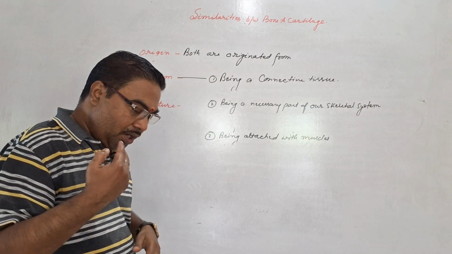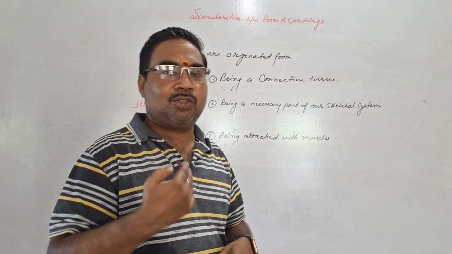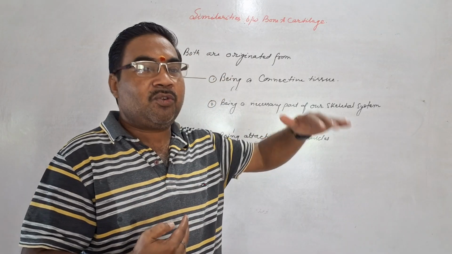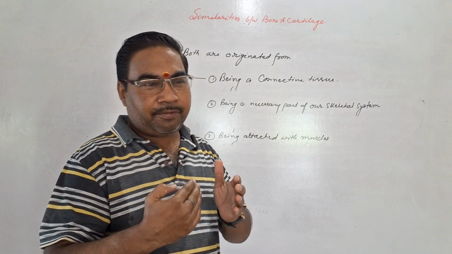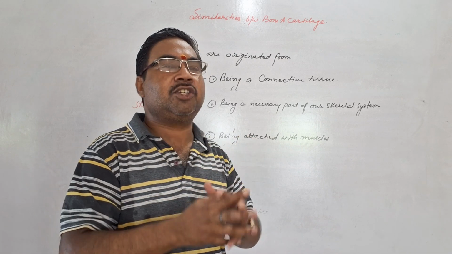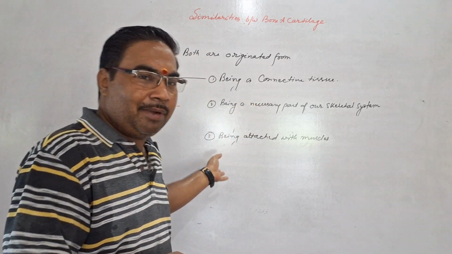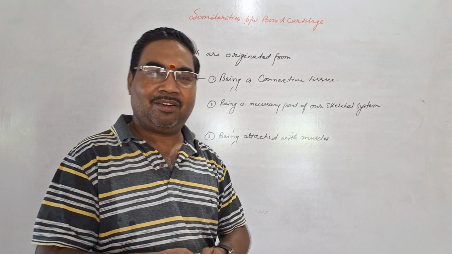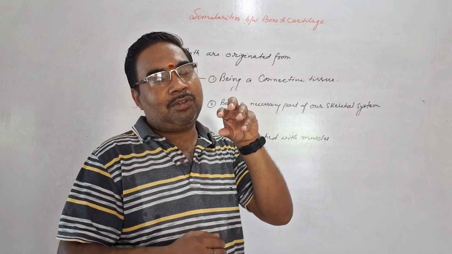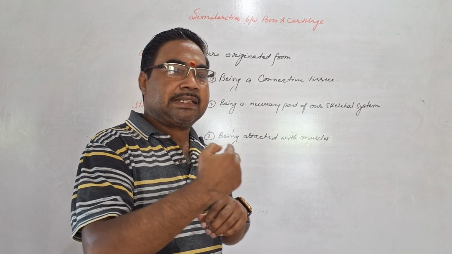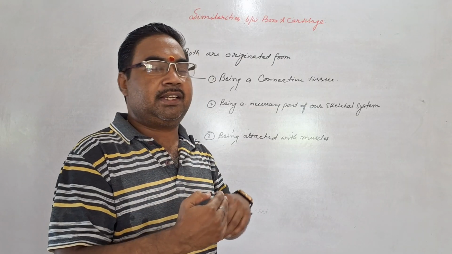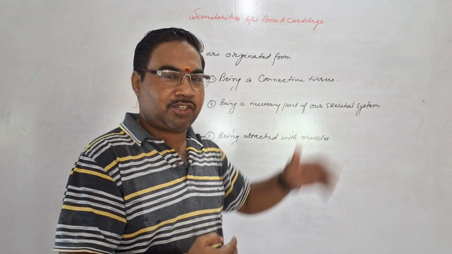First of all, it is always easy to learn any unknown thing from known material, right? So if you have learned the definition of tissue, we can come across all these things. How? You learned that a tissue is a group of cells having common origin and performing common function.